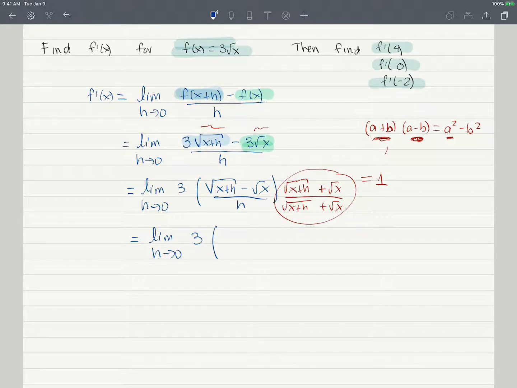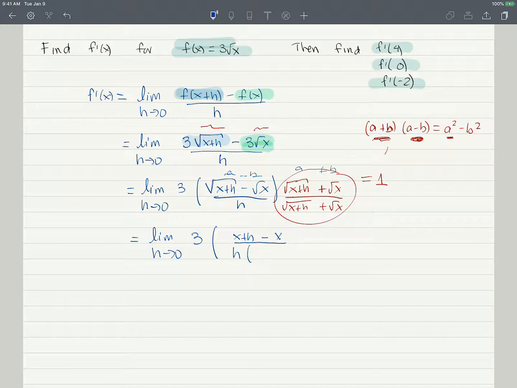In the top, this is like a minus b times a plus b. So my result is a squared, so it's just a quantity x plus h without the square root, because it's squared now, right? Minus the quantity b, which is just x, because it's squared now, right? Now, in the denominator, it doesn't look any nicer.